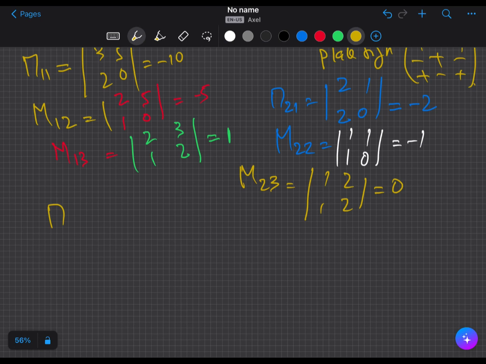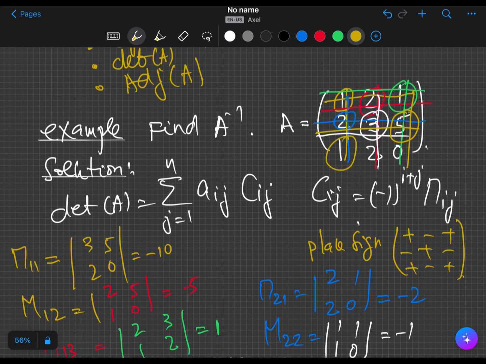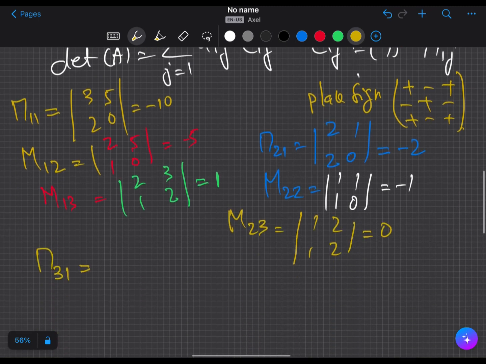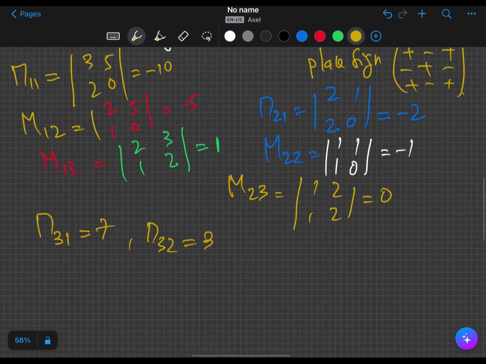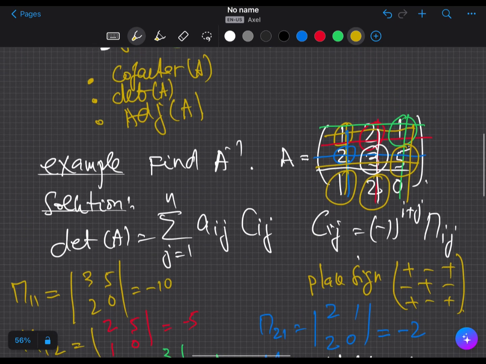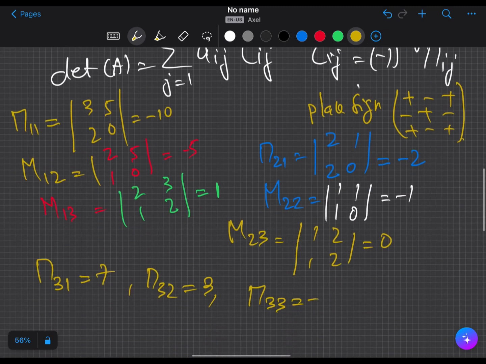The minor of 3, 1, if you do the same procedure that we did, observing the matrix, you will have 7. And the minor of 3, 2 will be this term here. You will have 3. And the minor of 3, 3, which is this term here, will give you minus 1.